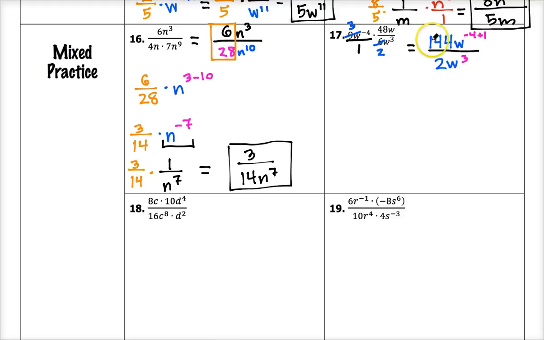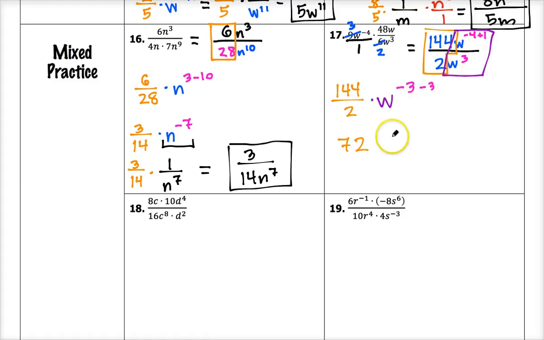So now we'll simplify this fraction. We have 144 over 2. 144 divided by 2 becomes 72. And then for our variables, we have w to the negative 4 plus 1 power over w to the third. Well, w to the negative 4 plus 1 is negative 3. So we have negative 3 minus the 3 on the bottom.